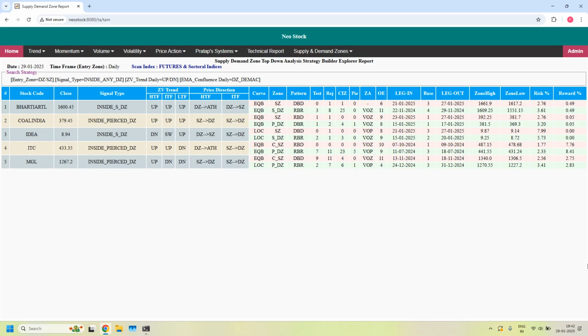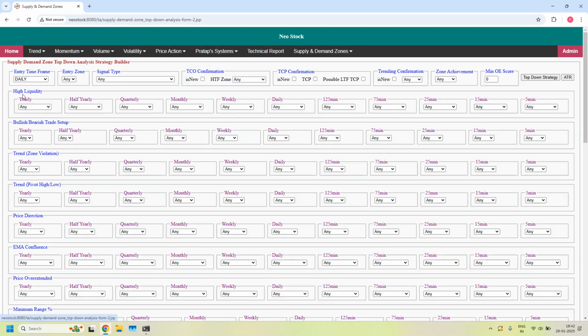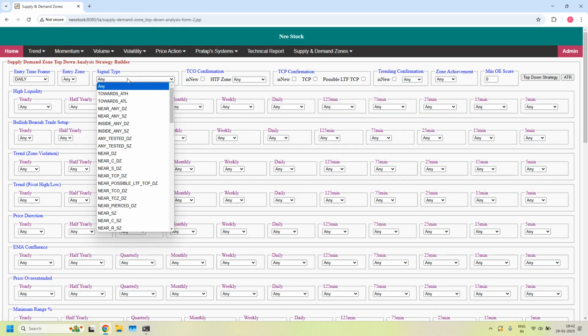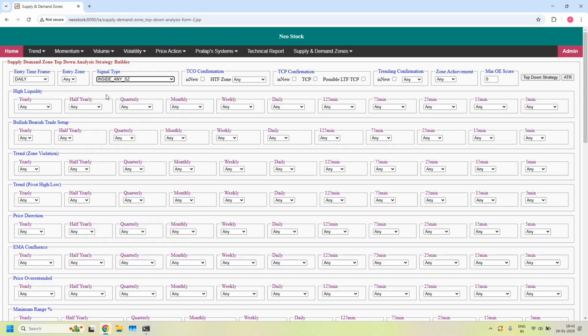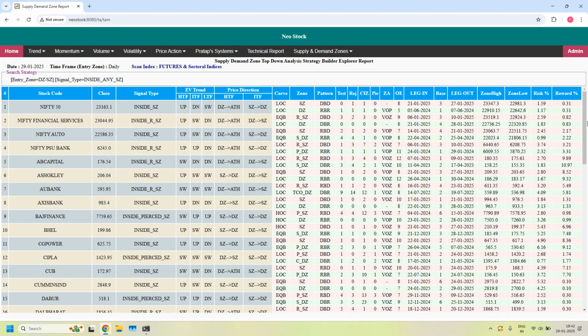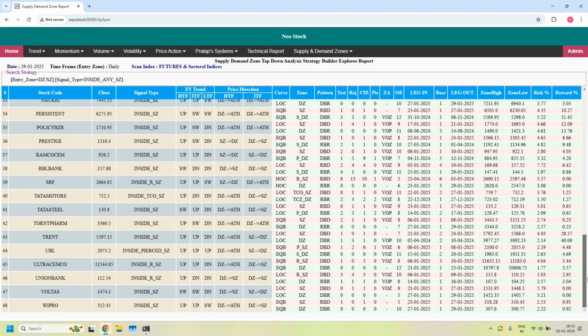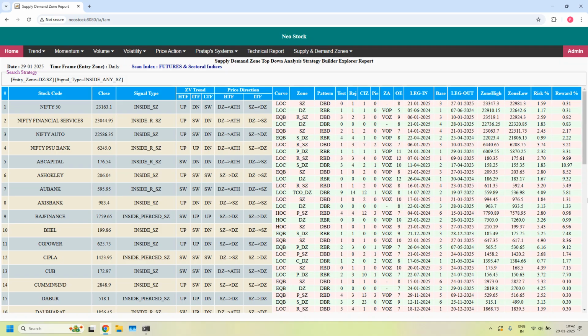Okay, this is about price closed inside the daily demand zone. Next, daily time frame, price closed inside the daily supply zone. We got 48 stocks, and the first 15 stocks in the list.